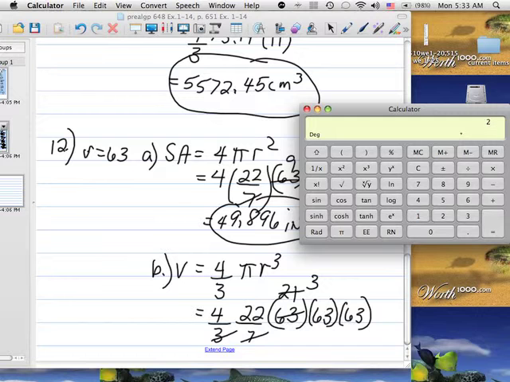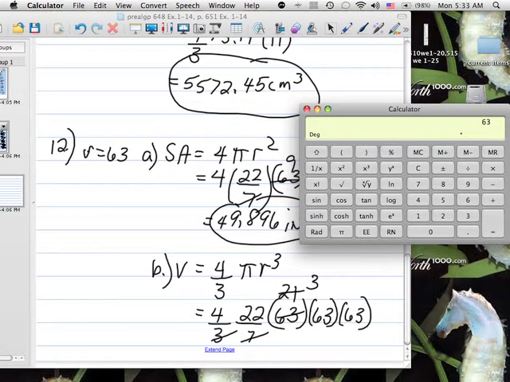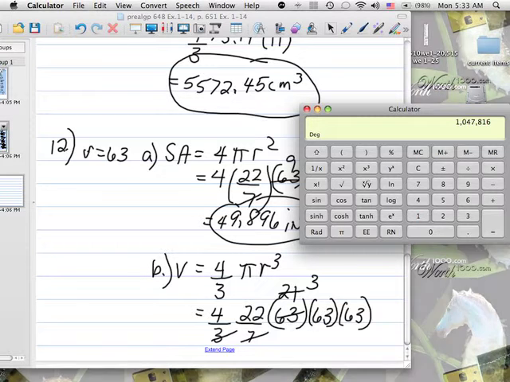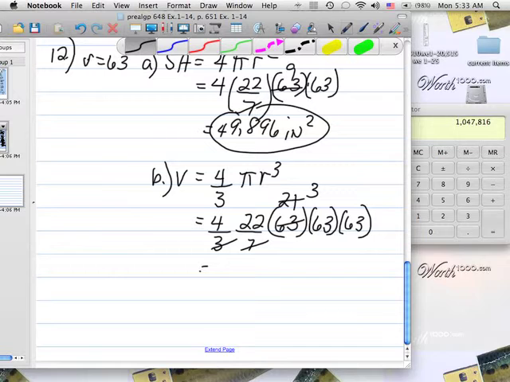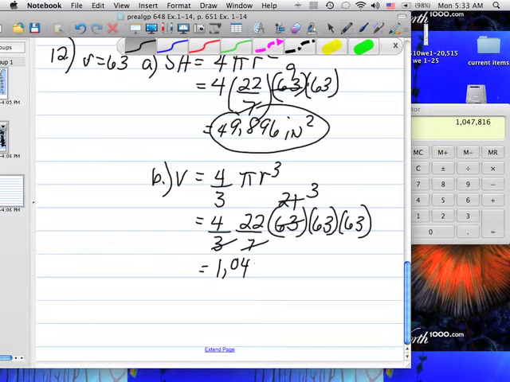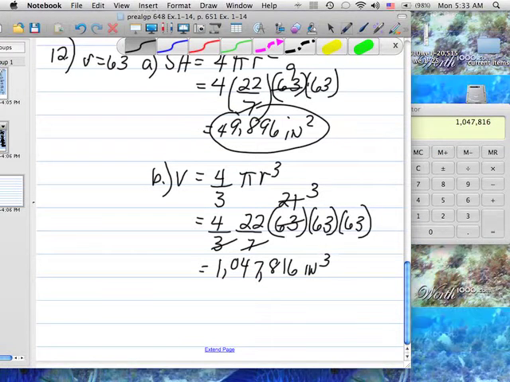So we can take 4 times 22 times 3 times 63 squared, and we get 1,047,816 inches cubed.